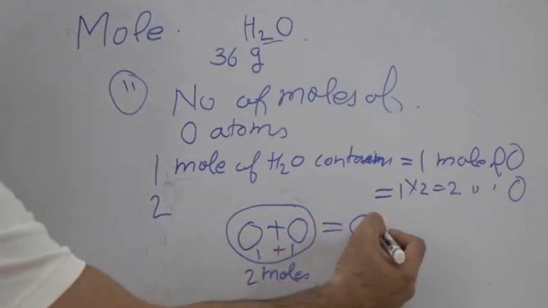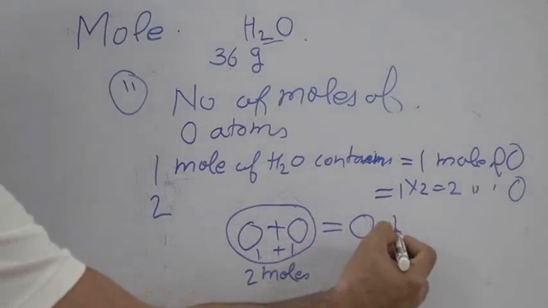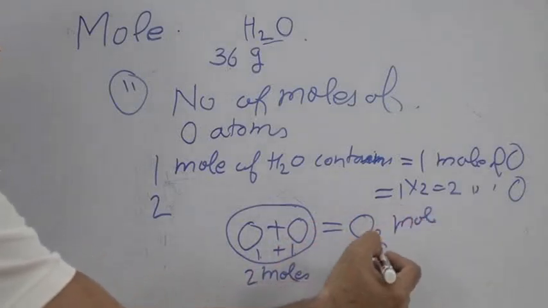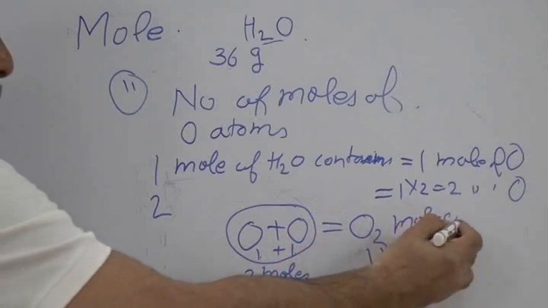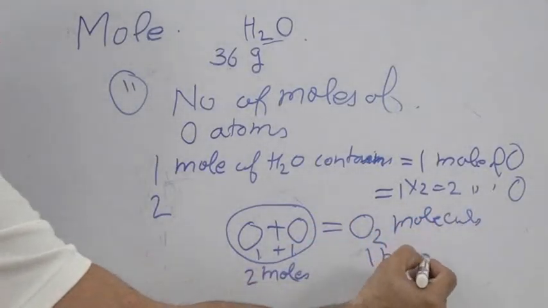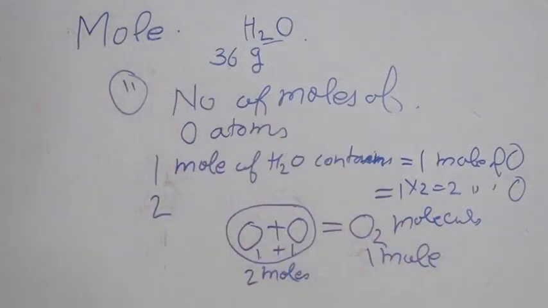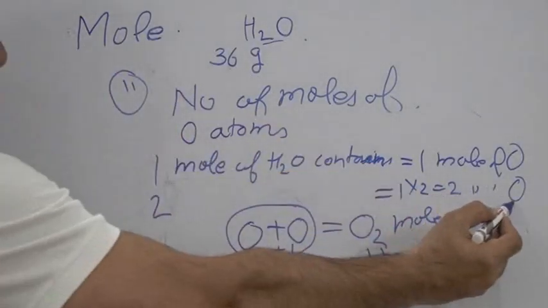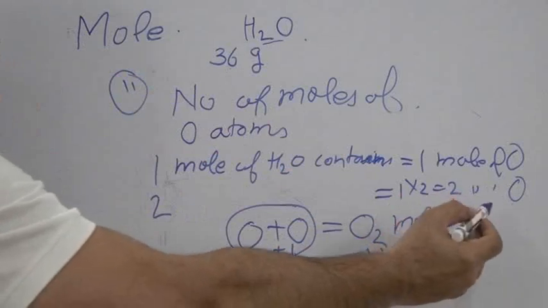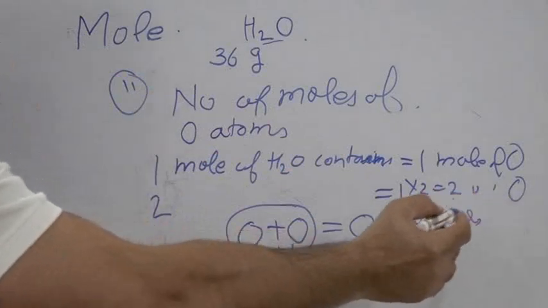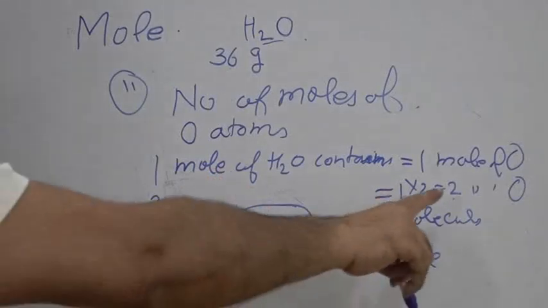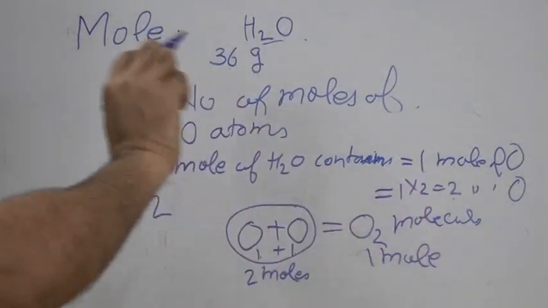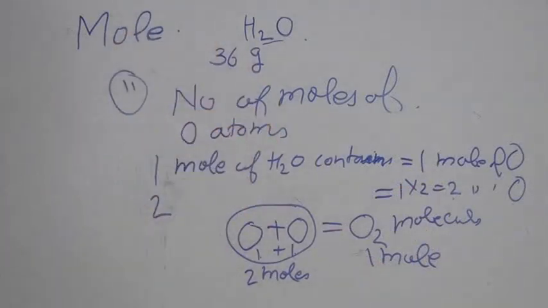Therefore, number of O2 molecules would be how much? 1 mole. Is that clear? Because the number of oxygen atoms was 2 moles. When these would combine, the total number would be half of that. And half of 2 moles is 1 mole. You can find out the other way also.